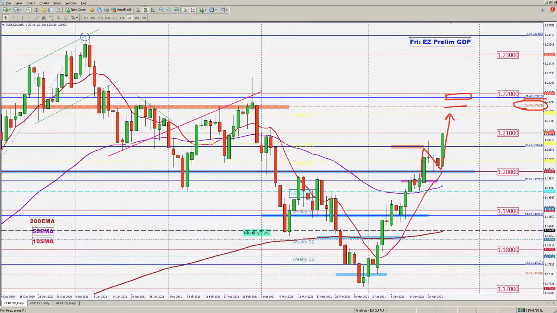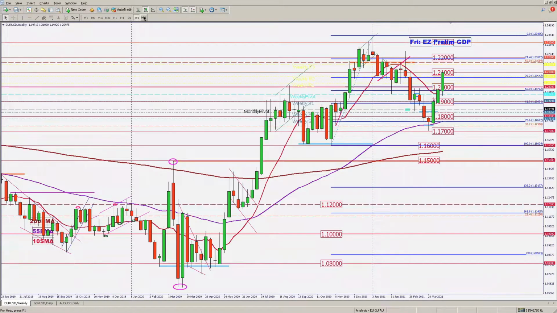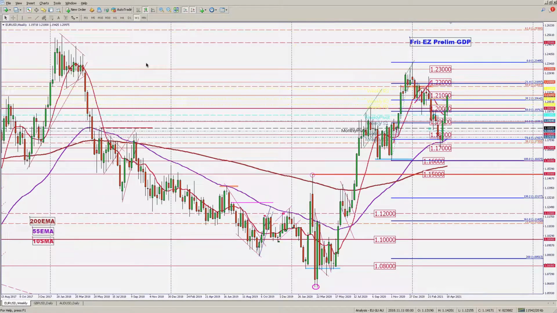Let's take a look at this longer term fib of this 50 fib here, which started from 2014.